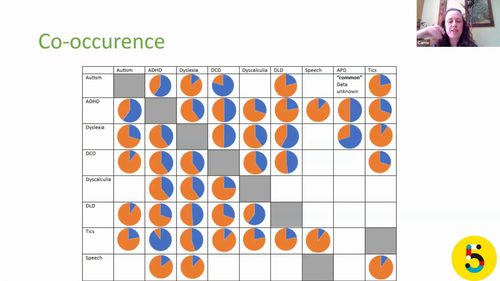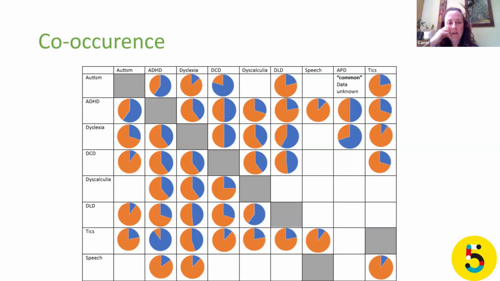Birmingham University were really aware that there hadn't always been a diagnosis taking place for a second neurodivergence. But you will also notice there are lots of blanks where there aren't any pie charts at all, and that's because they didn't have enough data to even estimate the levels of co-occurrence that might occur alongside autism.